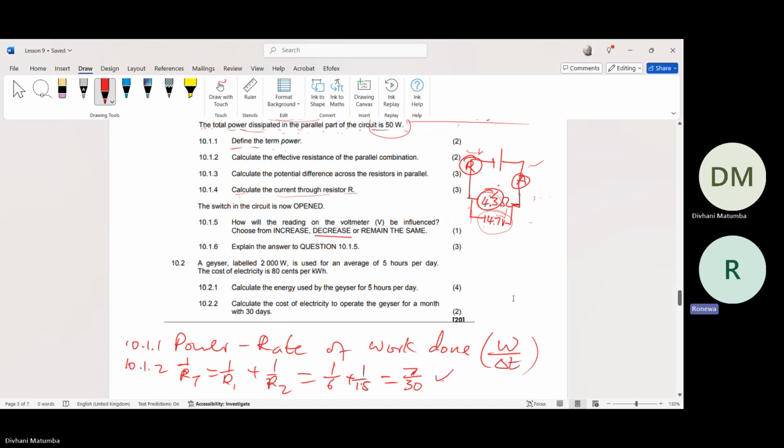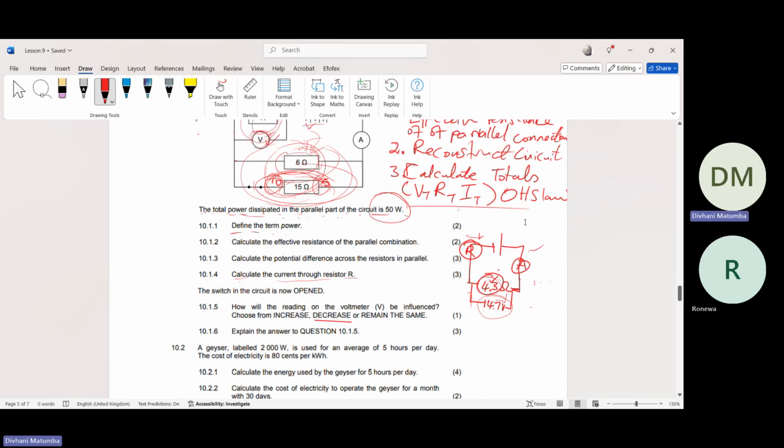Okay, so you said the first step was to calculate parallel resistance, and then you reconstruct your circuit, and then you calculate your total voltage, resistance, and current, using Ohm's law. Yes, using Ohm's law. And yeah, that's about it.